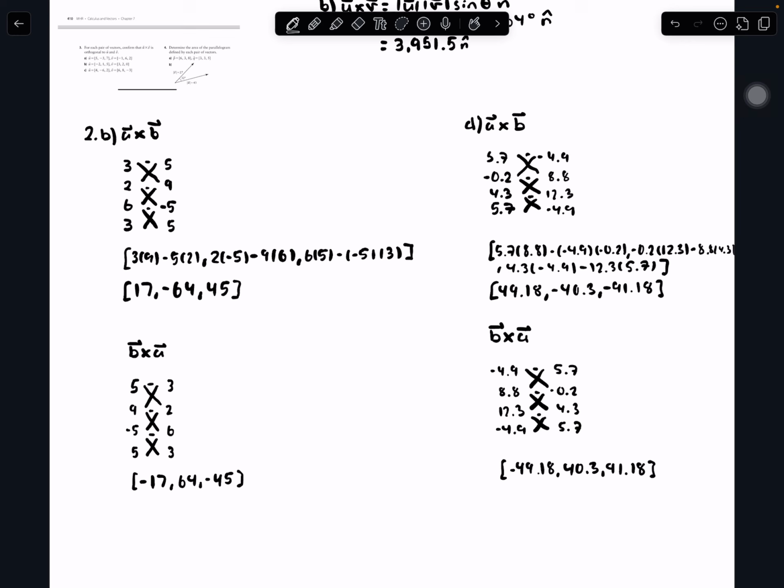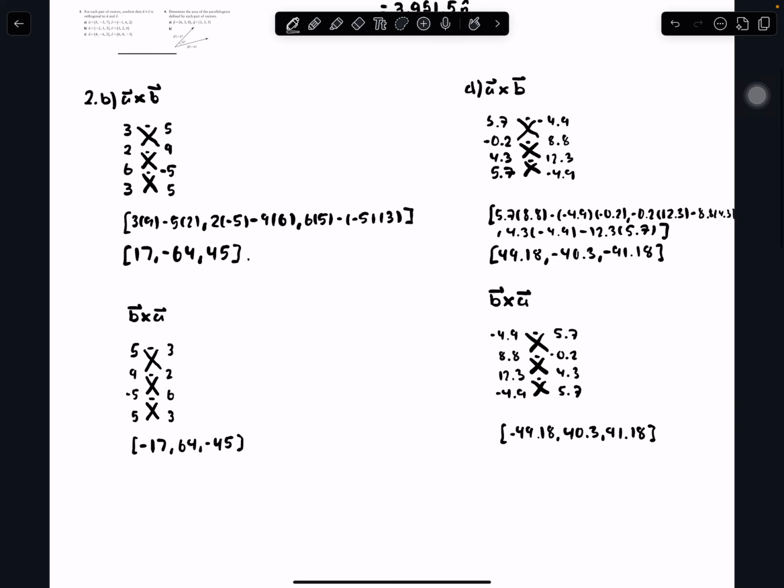So, as you might have noticed in parts B and D, the answers we get for A cross B and B cross A are negative scalar multiples of each other, right? So the difference between these guys is always that of -1. So multiplying by -1. And that's a general property of the cross product itself.